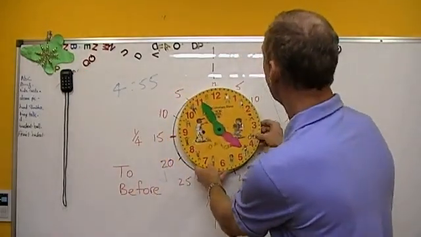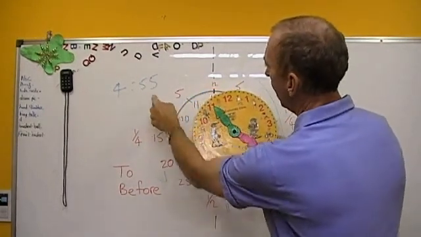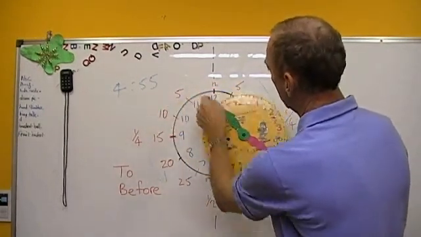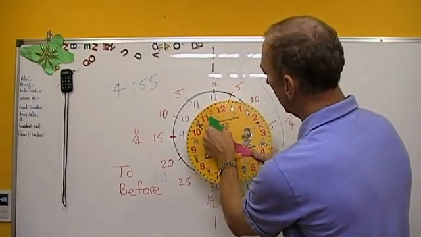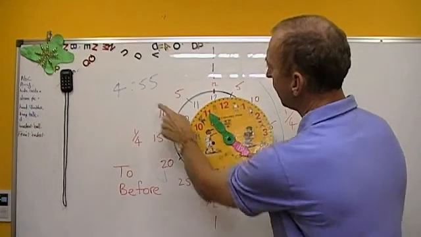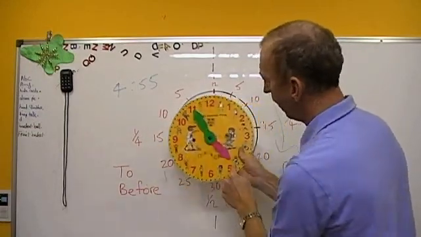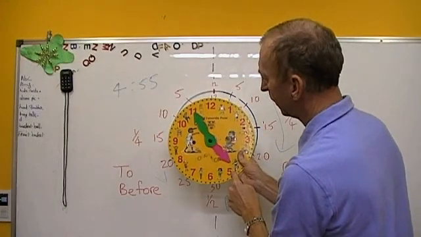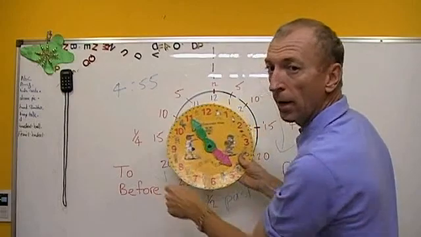That's what our clock looks like, and as it goes around 5 more minutes, it's on its way to 5 o'clock. So it's currently 5 minutes to 5 o'clock. Okay, 5 minutes before 5 o'clock.